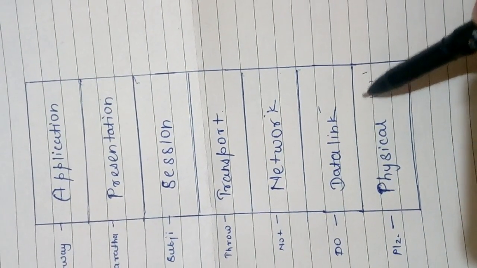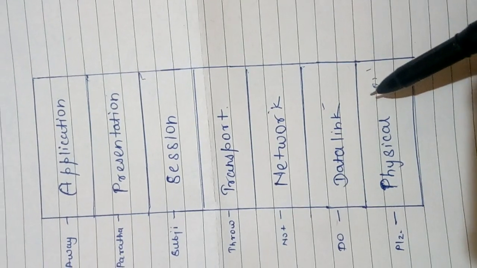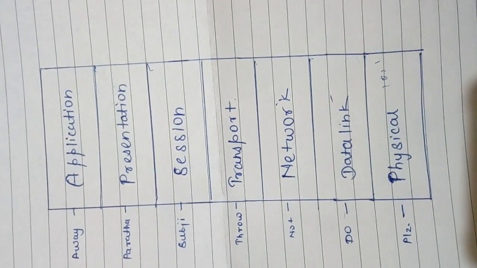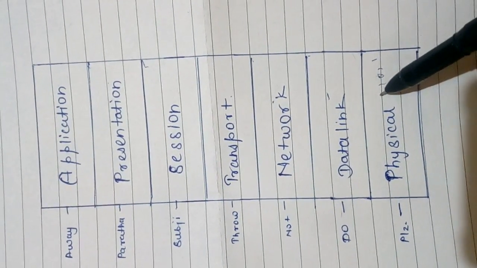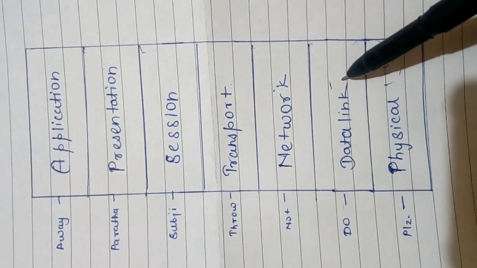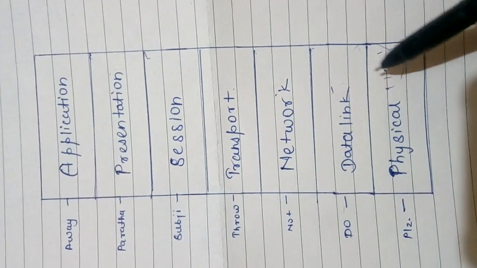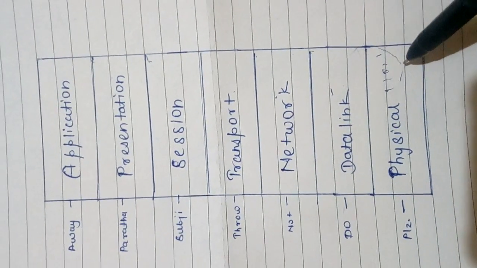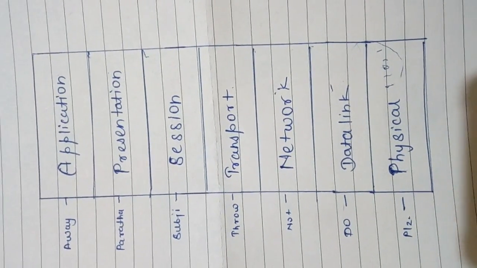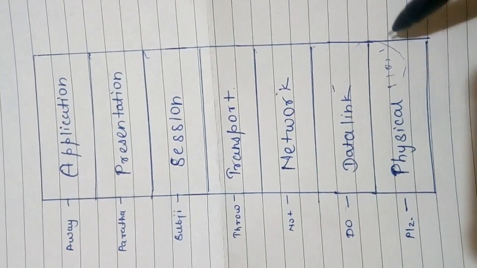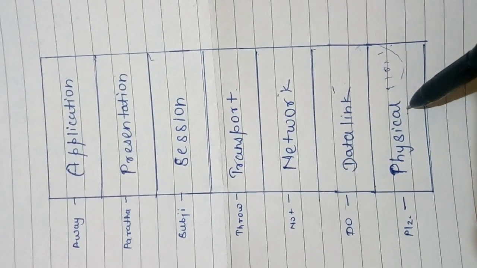These bits are actually binary bits normally, and this layer receives bits from the upper layer, which is the data link layer. So the function of the physical layer is to receive bits from the data link layer and to transport them through a communication media, that's why it's called physical.